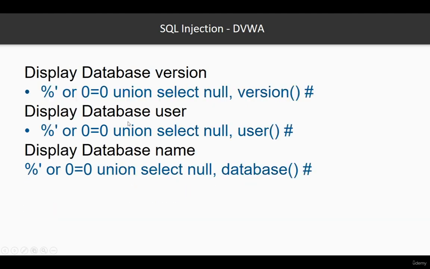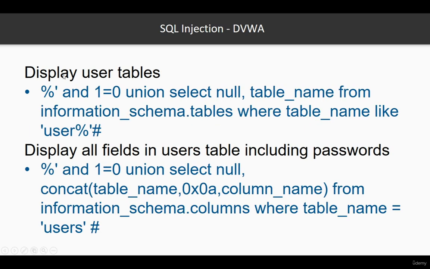Some of the other commands that you could use, I'm not going to go through all of those, but you can definitely go ahead and test this on your DVWA. So we could display the database version, the database user, the database name, or we could display all of the tables, and we could display all the fields in the users table, including their password.